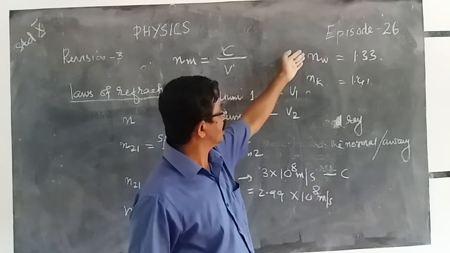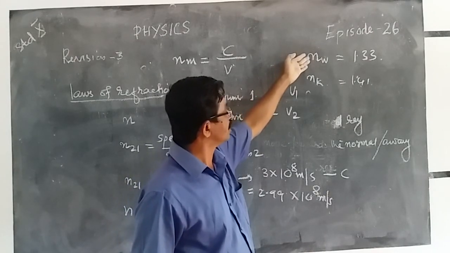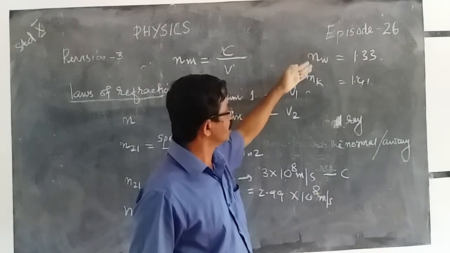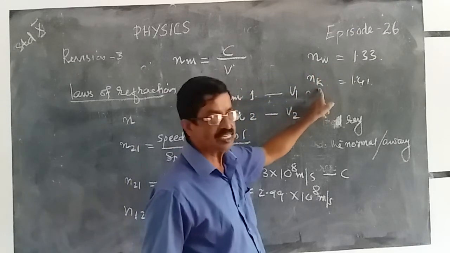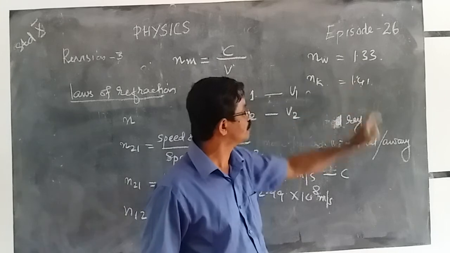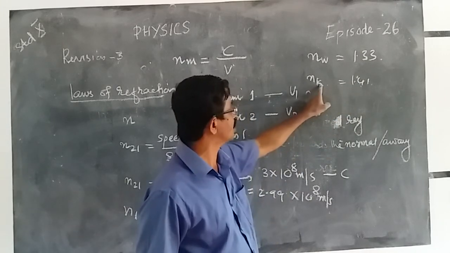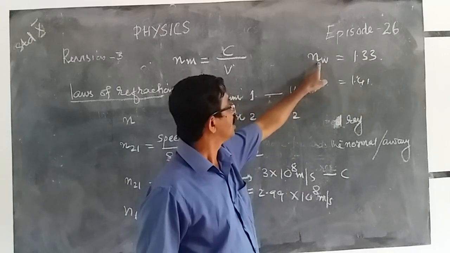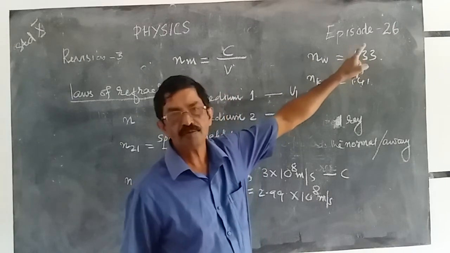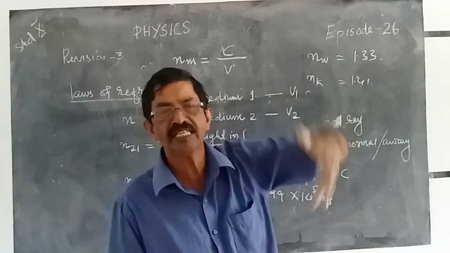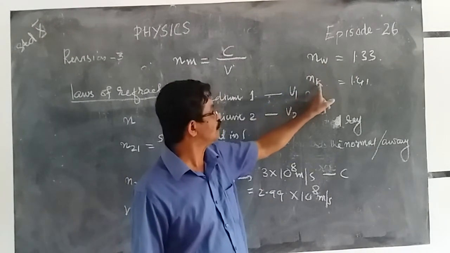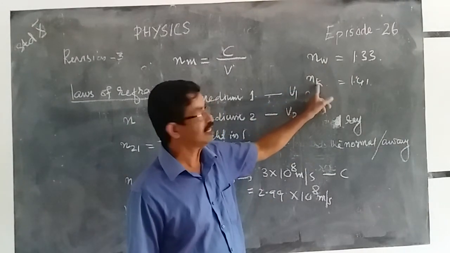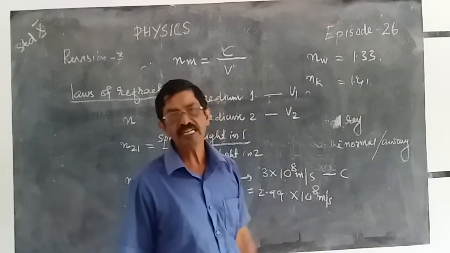Here we consider the optically denser medium. When we consider refractive index, kerosene is the optically denser medium, but water is lesser. When we consider the density of water, it is more, but when we consider optical density, it is more in the case of kerosene.